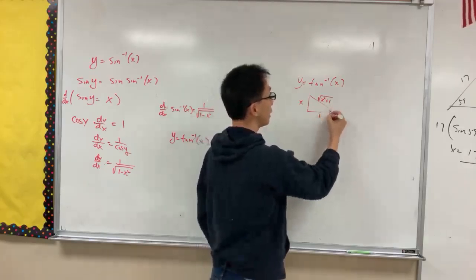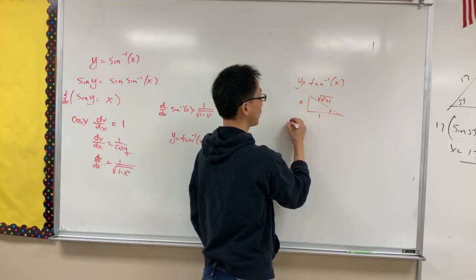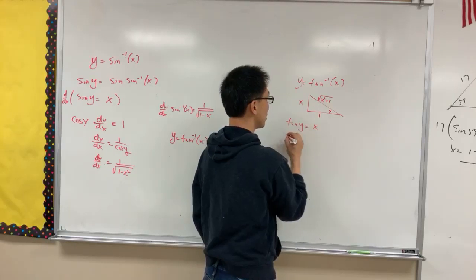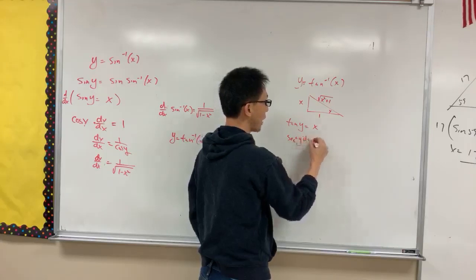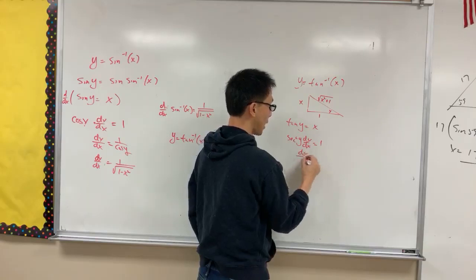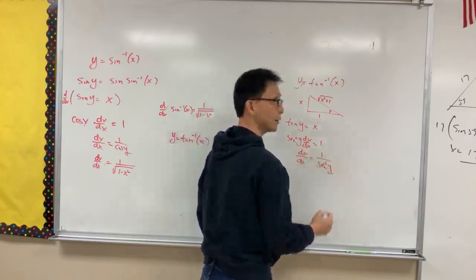And this is y, right? So if I take a derivative here, I have tan y is equal to x. And I'm going to take a derivative of this, so secant squared y times dy/dx, right? That's equal to 1. So dy/dx is equal to 1 over secant squared of y.